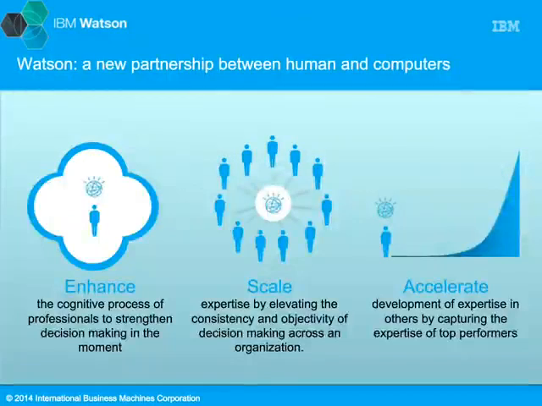And so when you have a system like Watson that's able to consume all that information for you and then help you accelerate your expertise by being an expert advisor, that's where we see Watson really helping to generate this ability to enhance, scale, and accelerate all of our expertise across many different domains.